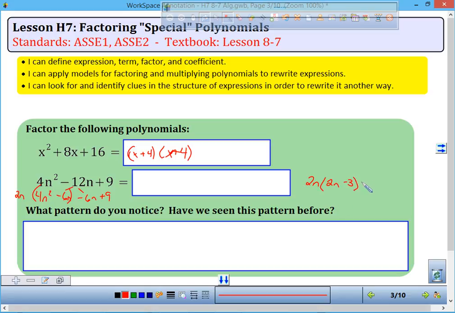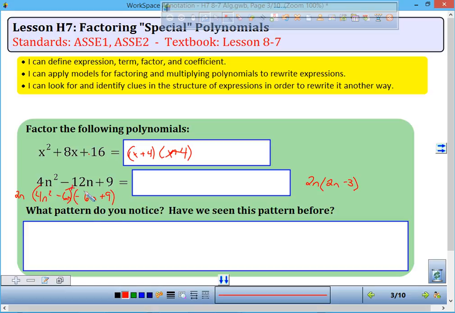And then factor out here as well, the negative 6n.